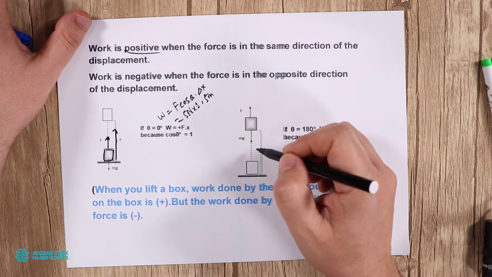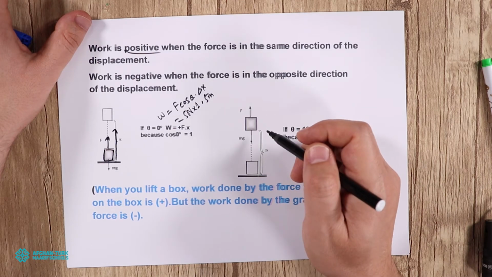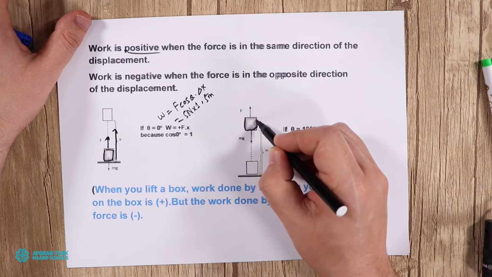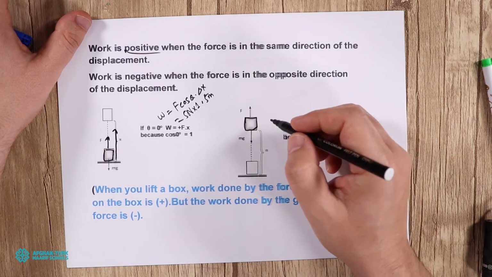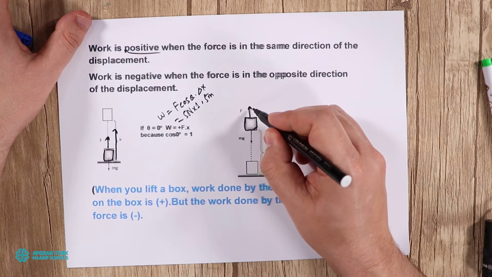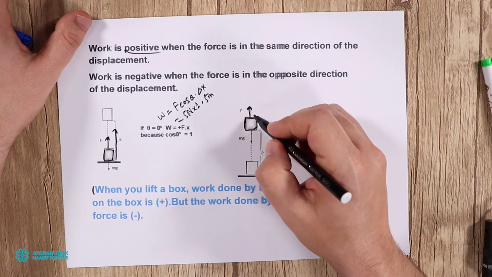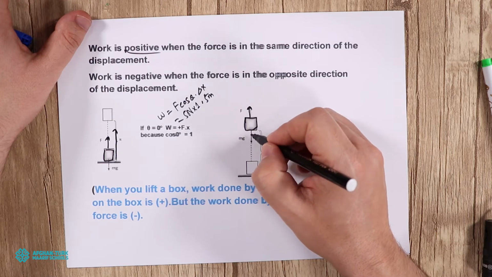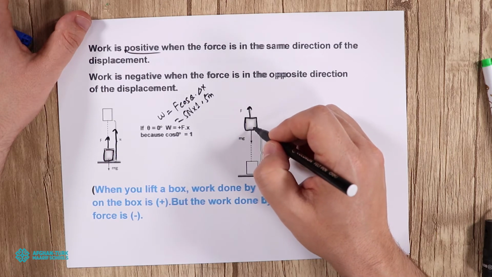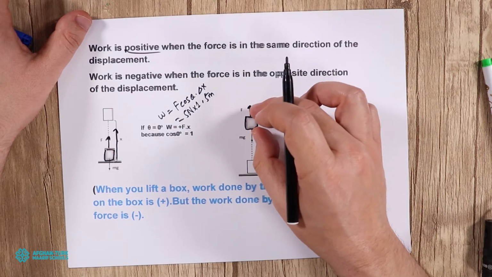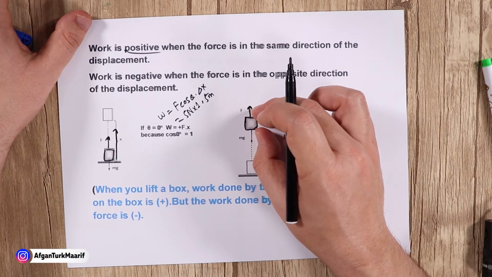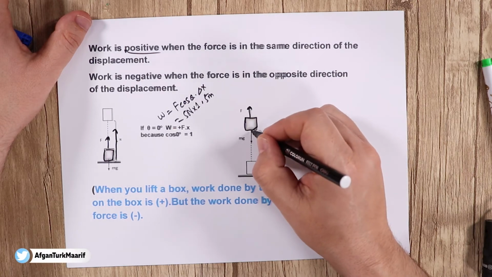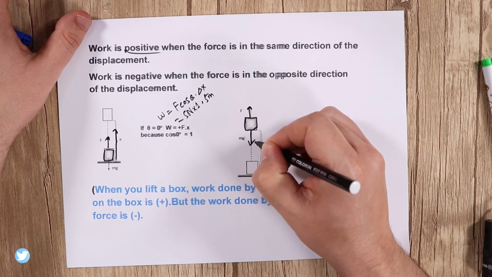Okay, look at the second diagram. Let's suppose the object is now in the top position, but we are still applying a force. We don't apply enough force to hold the object in this position, so the object moves downward.